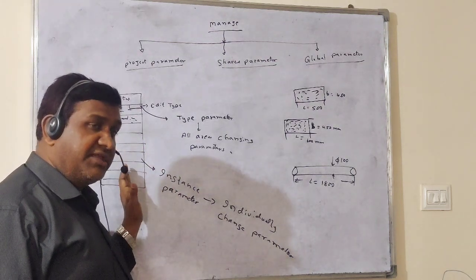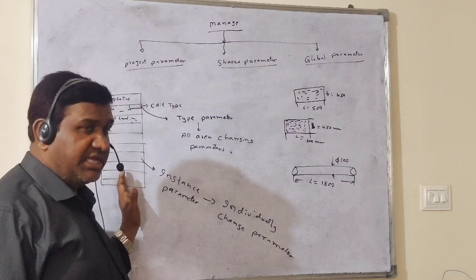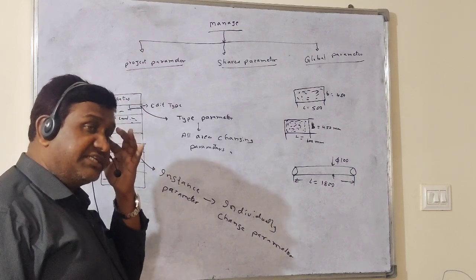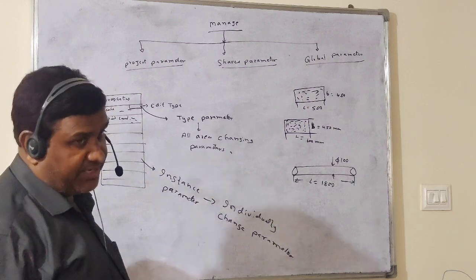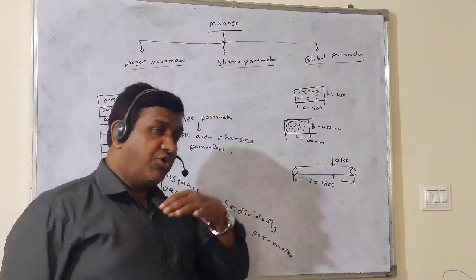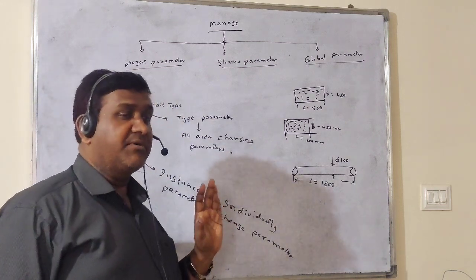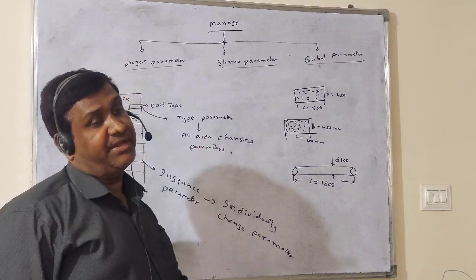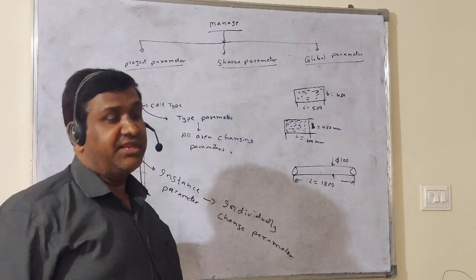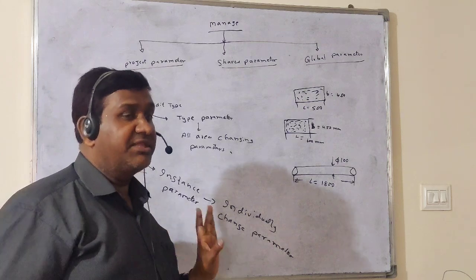Instance is individual changing; each and every component we can change individually. That type of parameter we call instance parameters. If you want to change the whole entity at a time in the project, then you have to change the type parameters. So there is a big difference here.